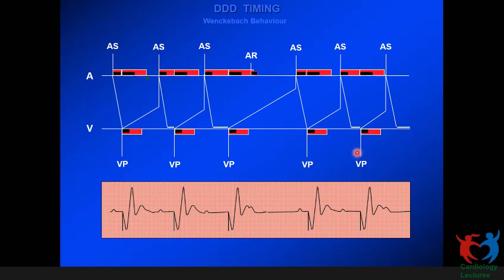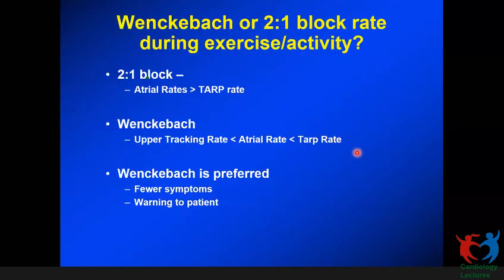In this case, as we said, we want to program a higher upper tracking rate, and at that point, we may also want to consider reducing the PVARP. If you want to remember it, the way to remember it is that 2:1 block will happen from a pacemaker if the atrial rate is faster than the TARP rate. Wenckebach will result if the sinus rate is faster than the upper tracking rate, but slower than the TARP rate.